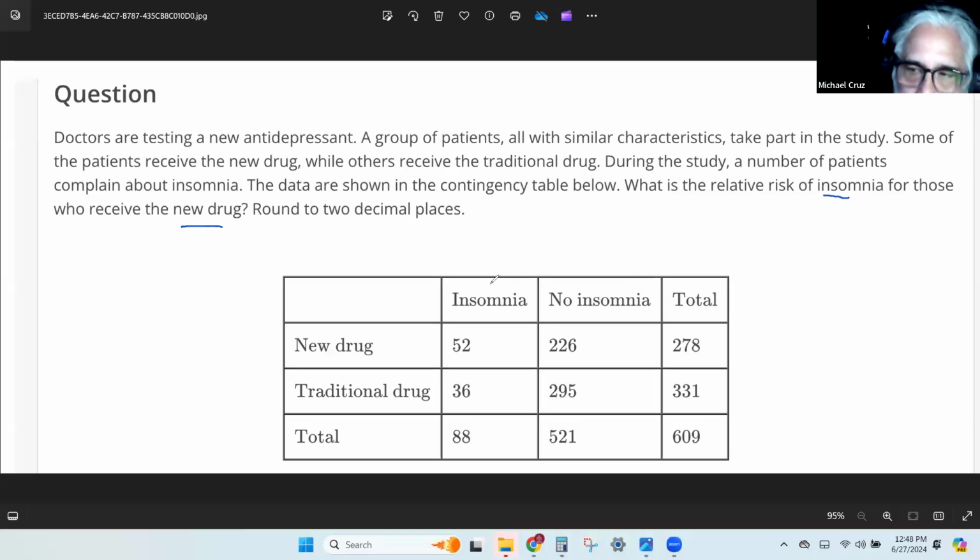All right. So here's what we're looking at: insomnia. We're looking at insomnia. All right. So new drug versus old drug.